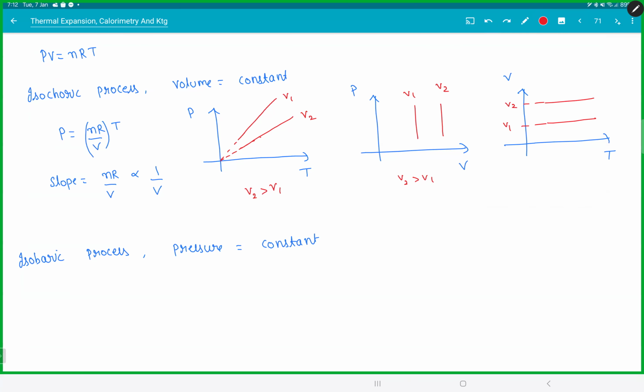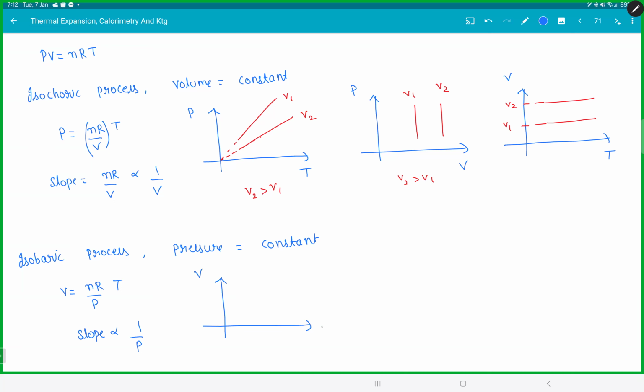So you should know how each process will look in different graphs. The same thing if you do for isobaric process. So we get V is equal to nR by P into T. The slope is proportional to 1 by P. Same story.